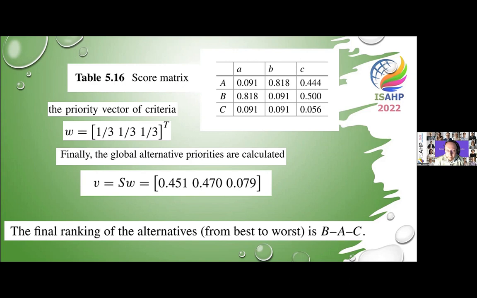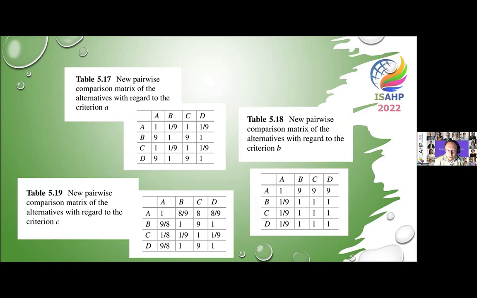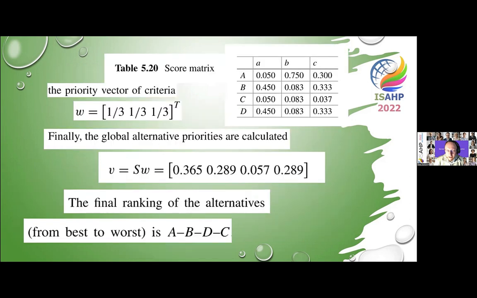This was based on fully consistent comparisons within the pairwise comparison matrices, and they introduced this model to show that if they added a 4th alternative, without changing the judgments among the earlier ones, the final ranking changed a little.